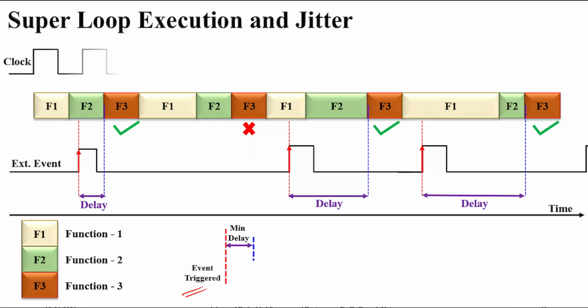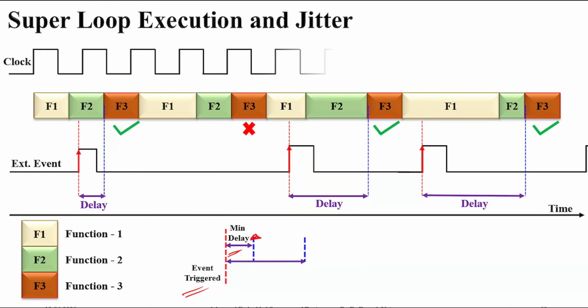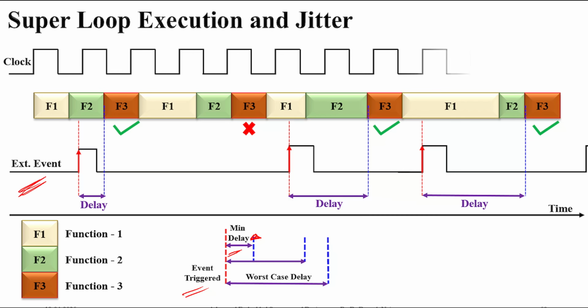Suppose an external event is triggered and function 3 gets to complete its job in a very short time period, then we can call it a minimum delay. But it may happen that this delay may vary depending on the occurrence of the external event or the time taken by function 1 and function 2.